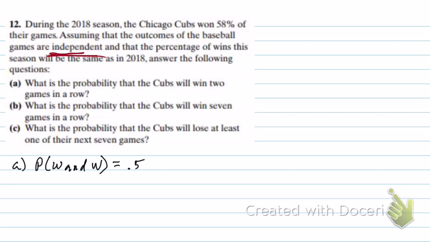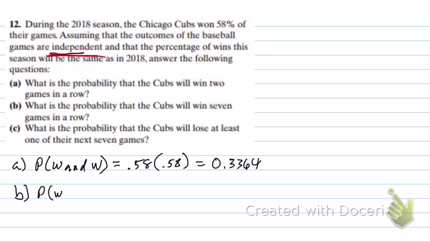Since they're independent, I can just multiply those probabilities. So 0.58 times 0.58, which is the same as 0.58 to the second power, which is 0.3364. So that's going to happen about a third of the time. B is saying, well, what's the probability they're going to win 7 in a row?